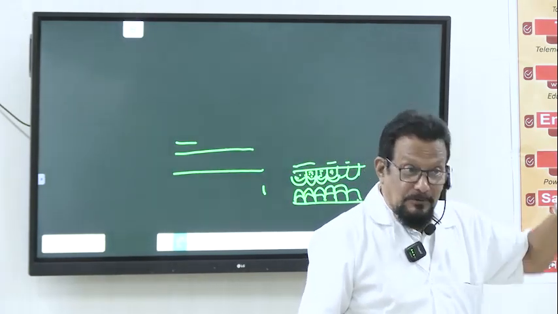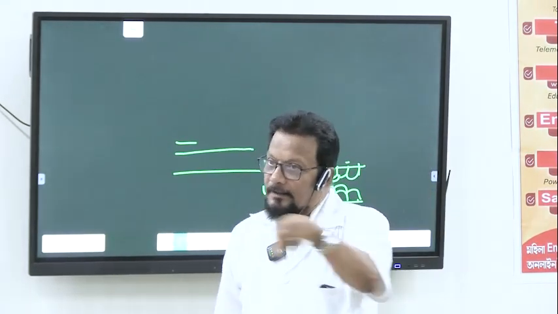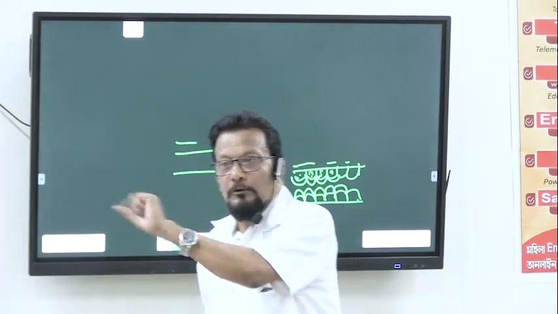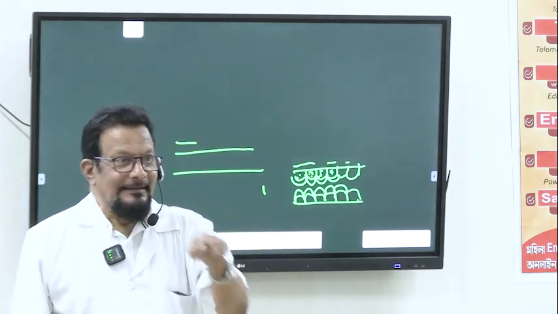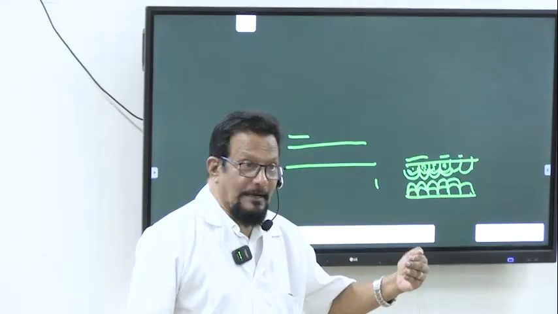So now, because of deposition of this, the lumen will be narrower and there will not be any smoothness. Now what will happen?